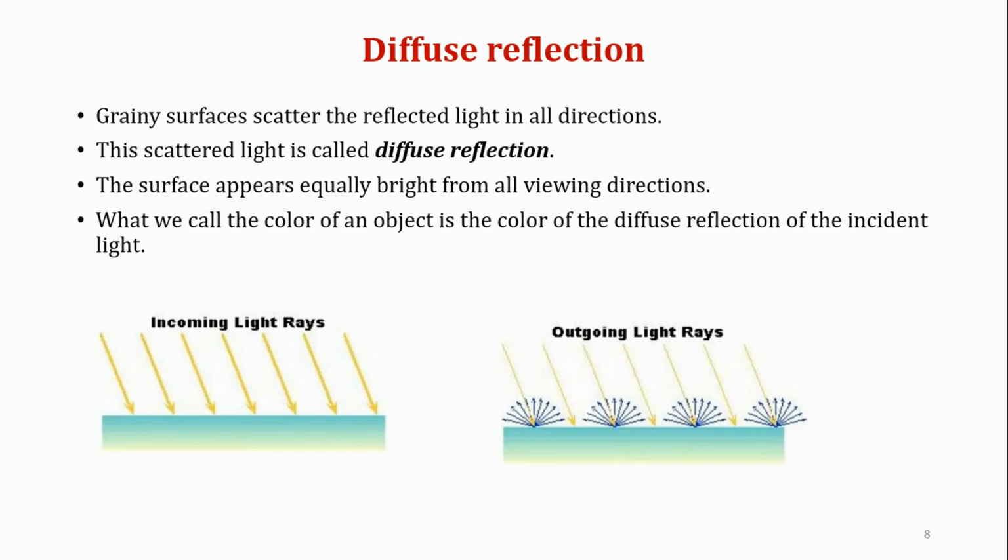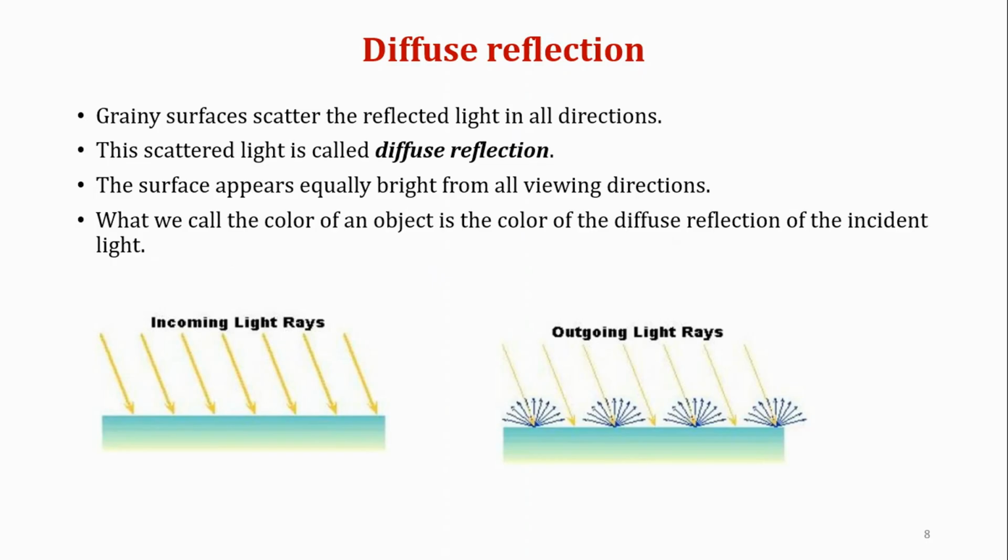In that, let us see what diffuse reflection is. It occurs when light strikes a rough or grainy surface. The light is scattered uniformly in all directions. That is called diffuse reflection. It may happen when light hits wall paint or clay.